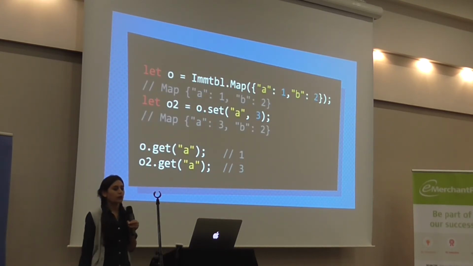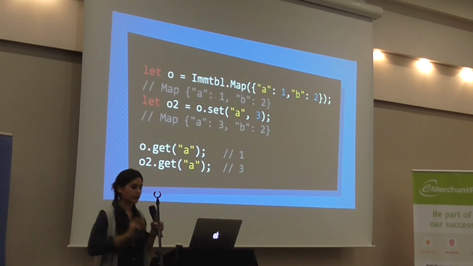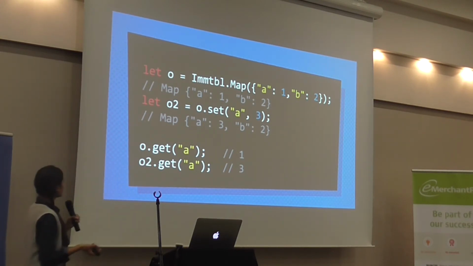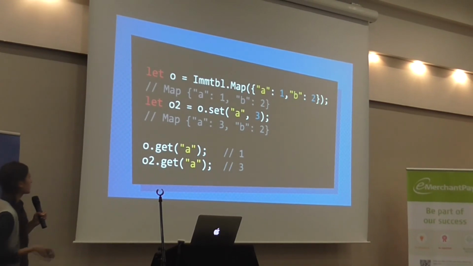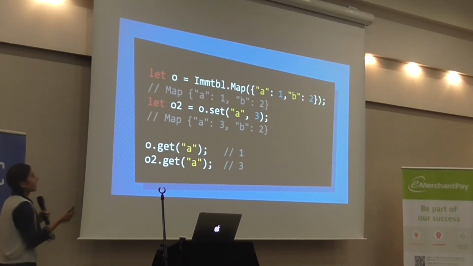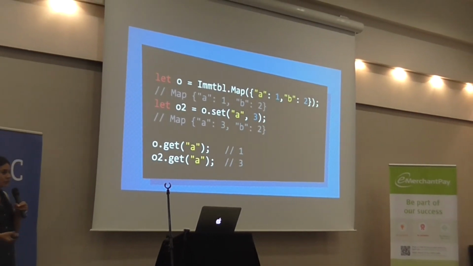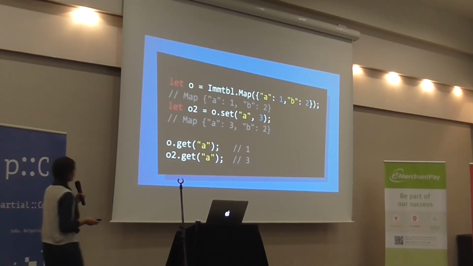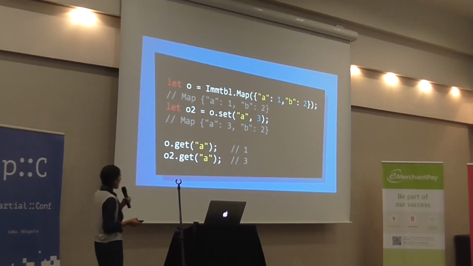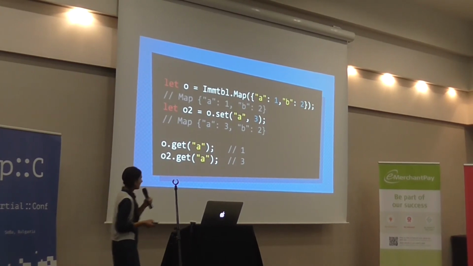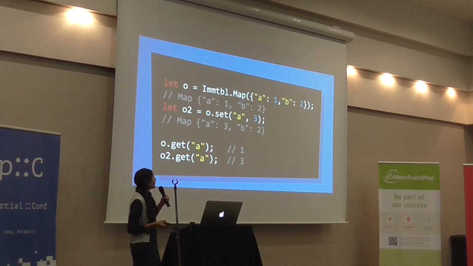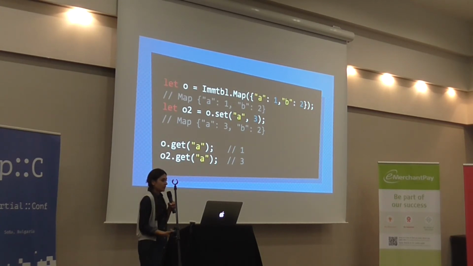Similarly, for object-type, key-value pair data structures, we have maps in Immutable.js, and the creation is similar, although we don't use of. We pass in a JavaScript object, basically associating the keys that we want with the values that we want them to have. So I'm creating an Immutable.Map where A is associated with 1 and B is associated with 2, and then I can use things like the set method to update that map.